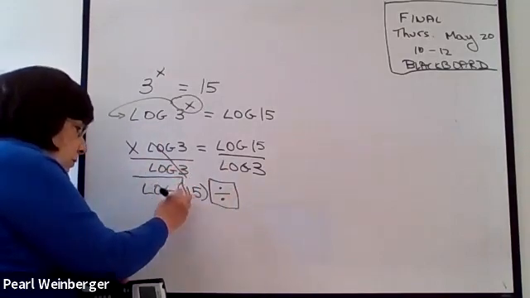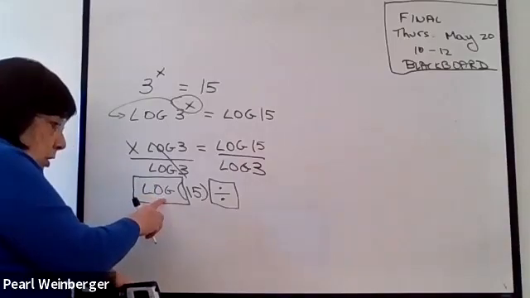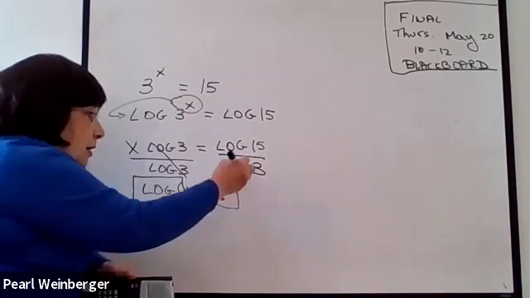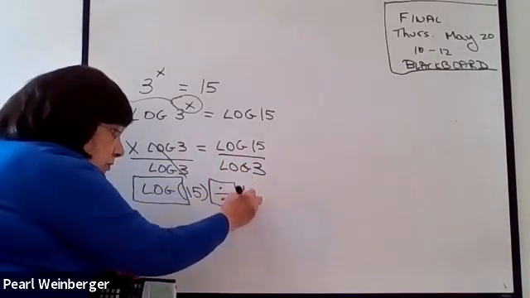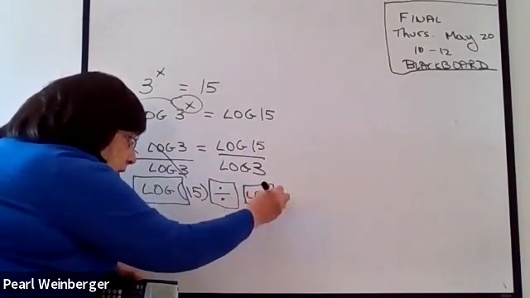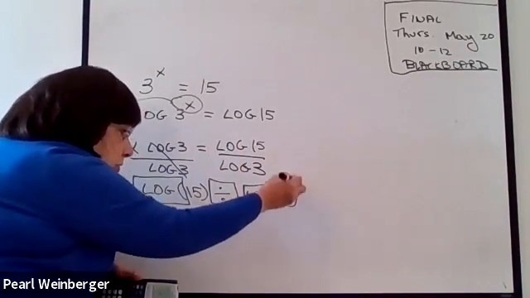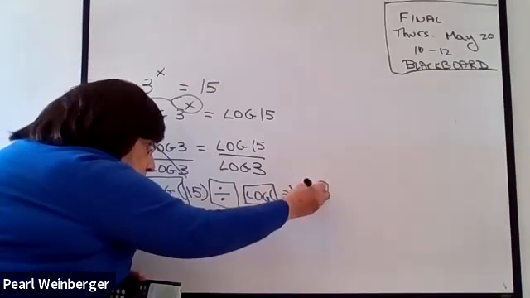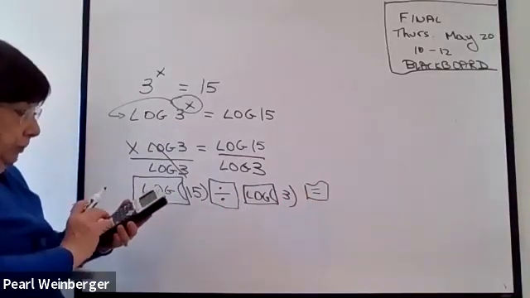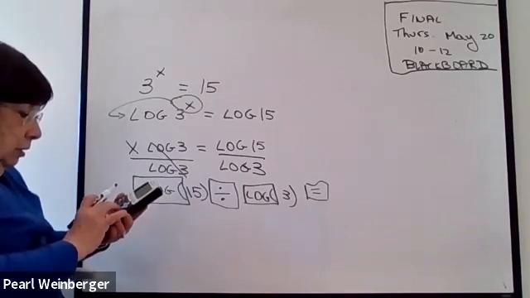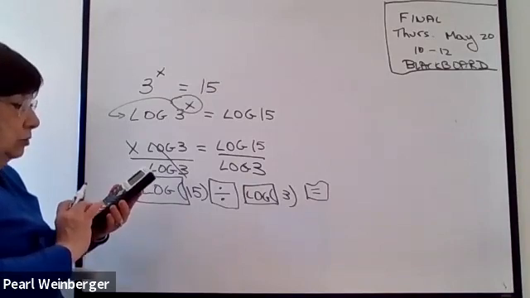These are my buttons: log, parenthesis, 15, close parenthesis, divide. I want to press the log button again and put in the 3. Of course, close the parenthesis and press your equal or enter, whatever it is. So log 15, close parenthesis, divide, log 3, close parenthesis, enter.